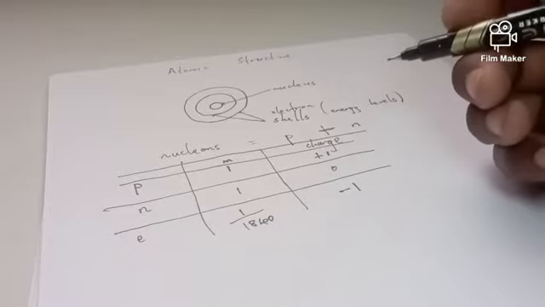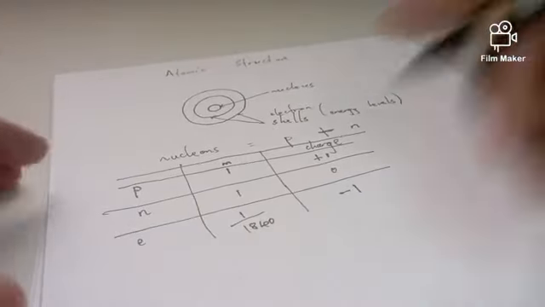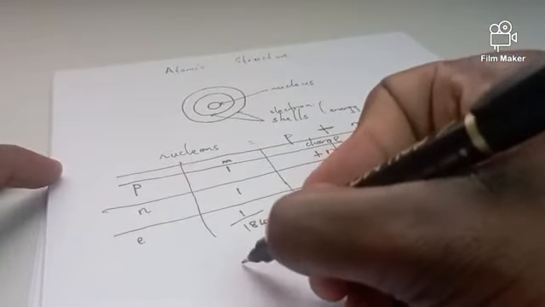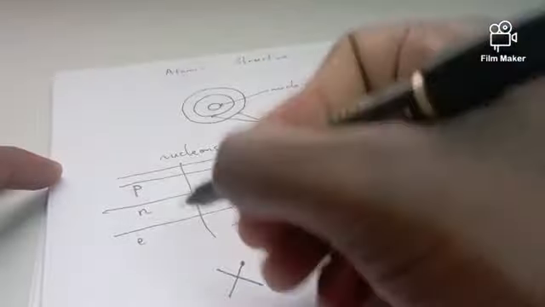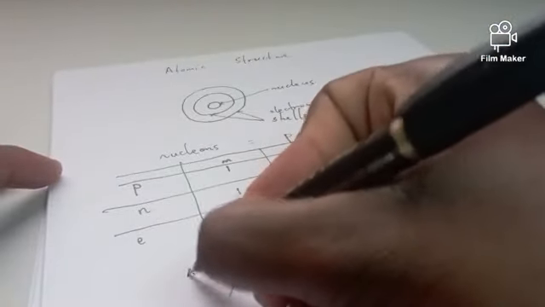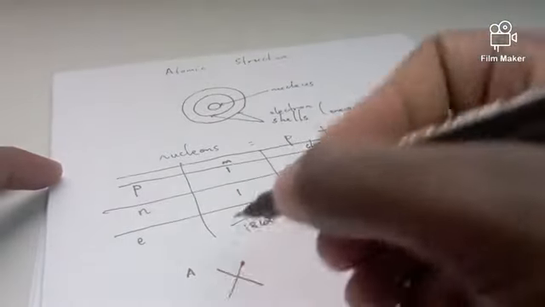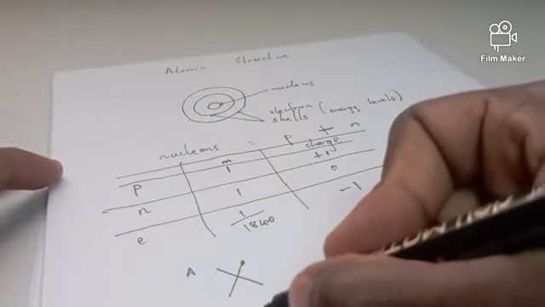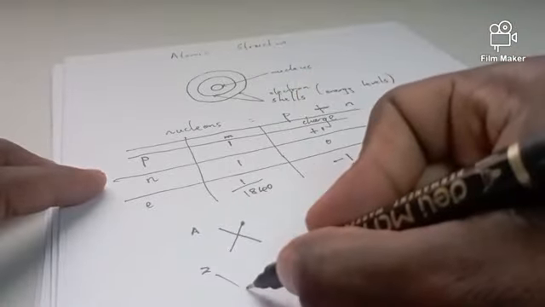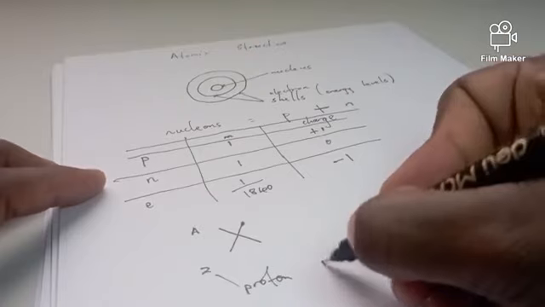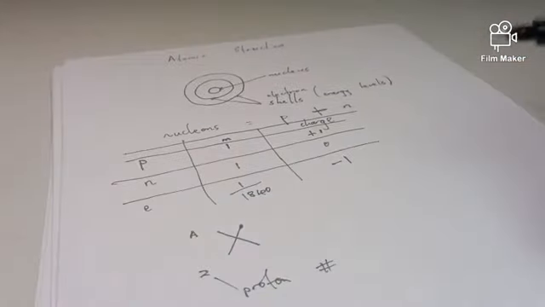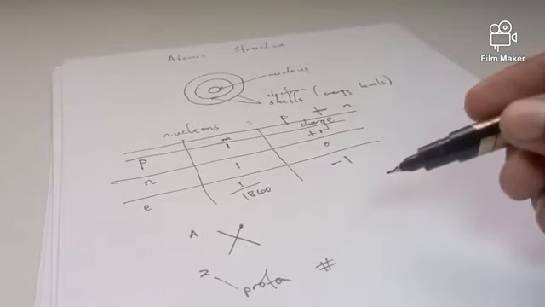So now, if we have an atom, suppose that's X, with the nucleon number A and the proton number Z. The proton number will represent the number of protons that are present in the atom as well as the number of electrons.